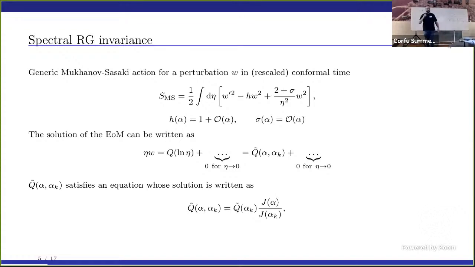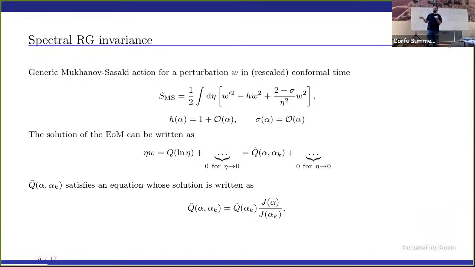And eta going to 0 is the super horizon limit. Again, we can rewrite this function as a function of alpha and alpha k. And then from the equation of motion, you would see that this q and this other function satisfy two equations separately. And the solution of the equation for q can be rewritten in this way.